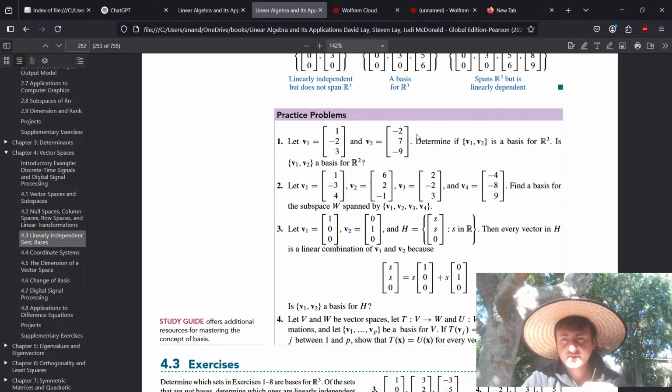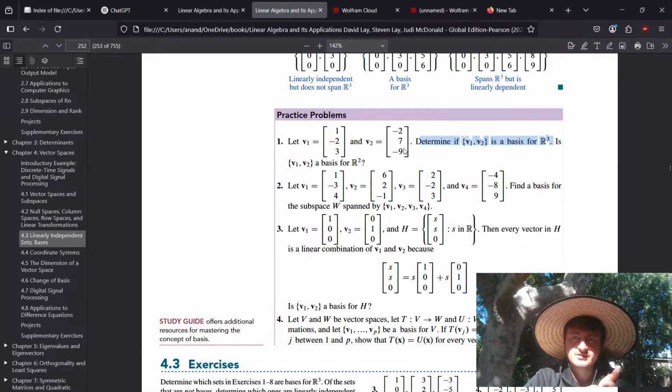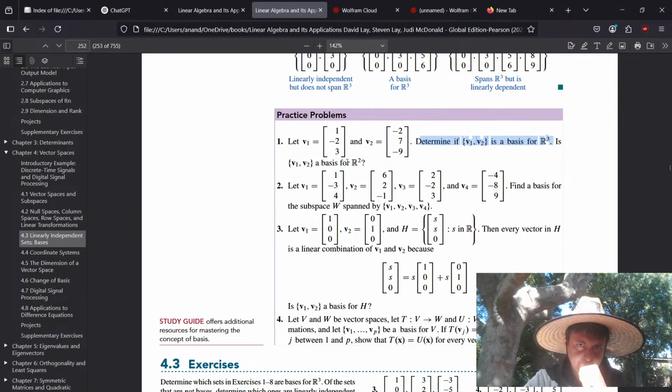Because the first one, this can't be a basis for R3 because first off, you only have two vectors. There's no way to span R3 with two vectors. And then it can't be a basis for R2 because the dimension's not right. Those vectors are in R3, so that doesn't make sense either.